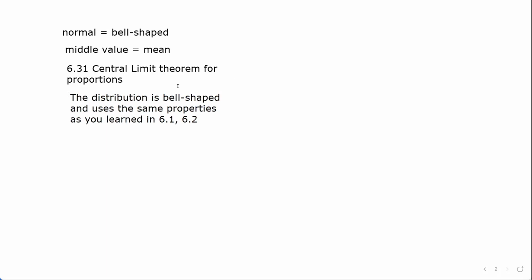Now, there's one more piece to this. There's actually a couple of pieces to this, but this is how it's connected. So it's bell-shaped like so. But in 6.1, we had a mean here. We had a mu there.